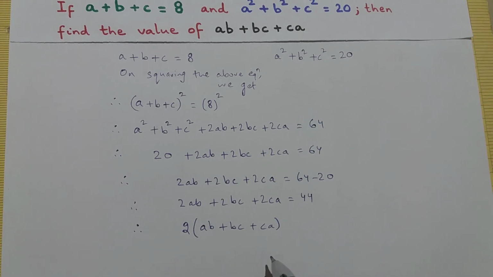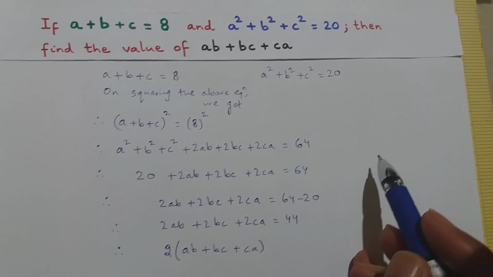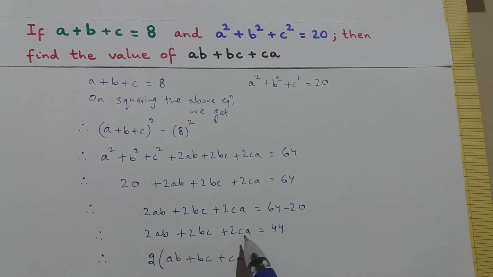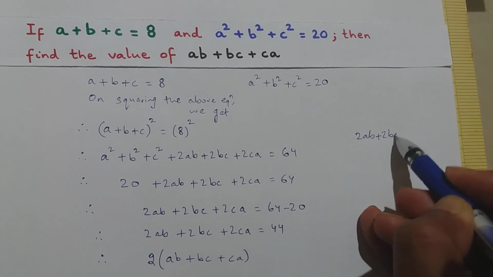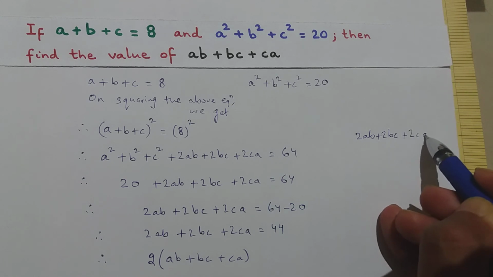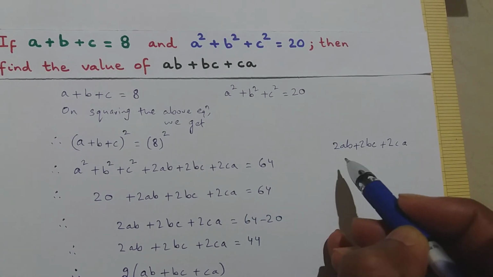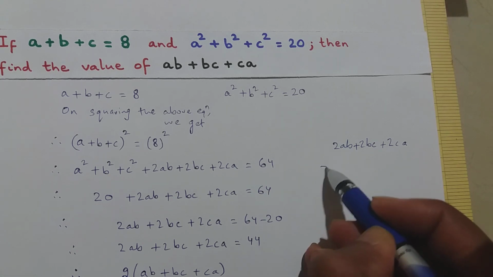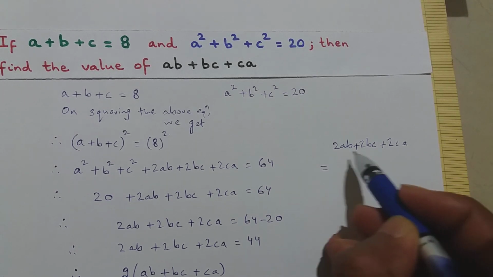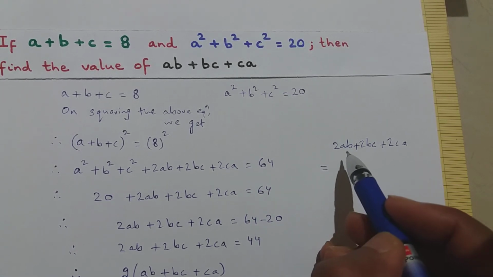If you do not understand, let me explain. I have 2ab plus 2bc plus 2ca, the expression on the left hand side of this equation. Now I am going to factorize it.